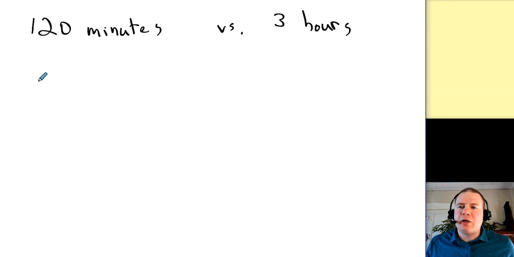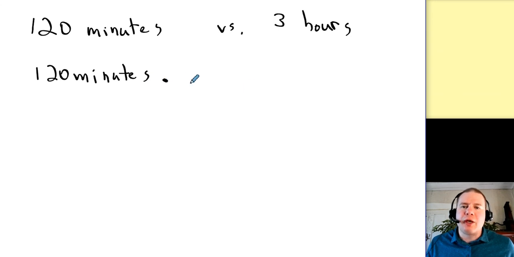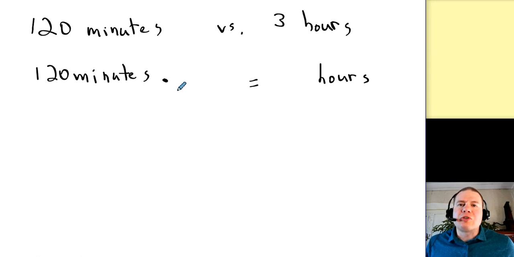If we take 120 minutes, remember, multiplication changes units. I'm going to multiply that to change my units into hours. Now, this only makes sense if we first understand how fractions work, that if I want minutes to cancel, I need minutes in the numerator and the denominator.